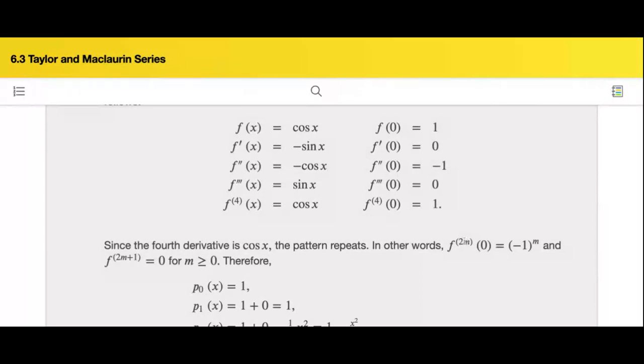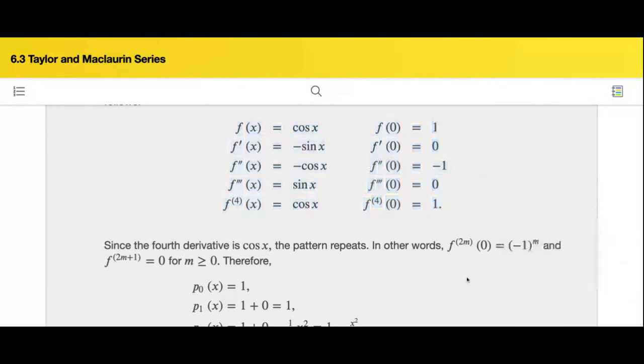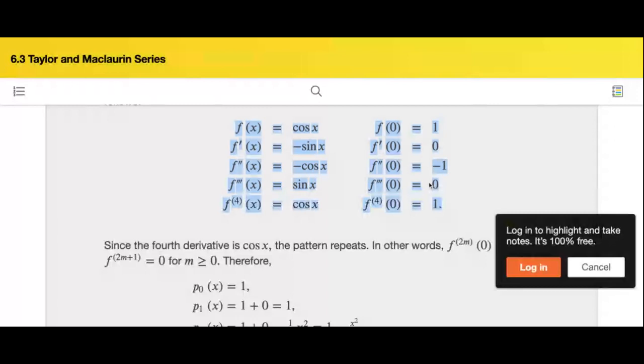Second order, evaluated at 0, gives negative 1 raised to 1, which is negative 1, which is this one, the middle one. And you can do more. If we do 2m plus 1, let m be 0, 2 plus 1, that will be the third order derivative, evaluated at 0, and the third order is 0. Right? You may try fourth.